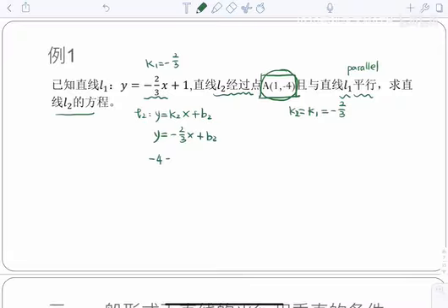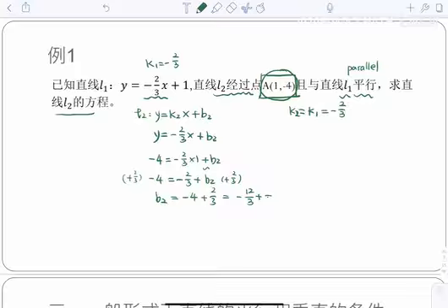So minus 4 equals minus 2/3 times 1 plus b2. I'm sorry, this is plus b2. So we can get b2 equals minus 4, and on both sides we add 2/3. So b2 equals minus 12/3 plus 2/3, which equals minus 10/3.